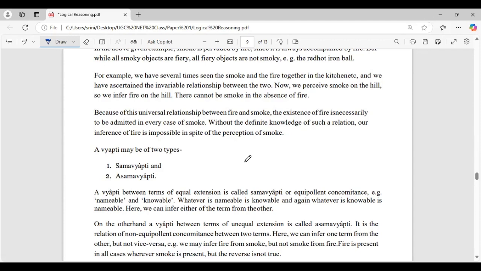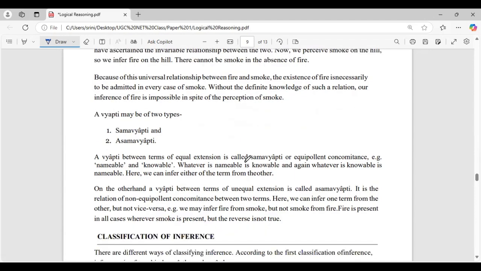Here we can infer either of them from the other. That is a different case, the Anupalabdhi case.